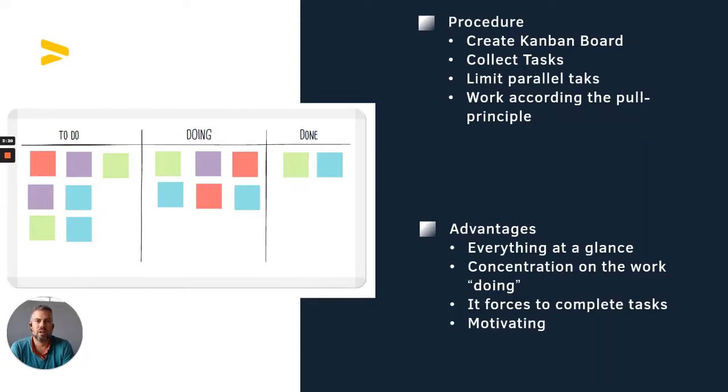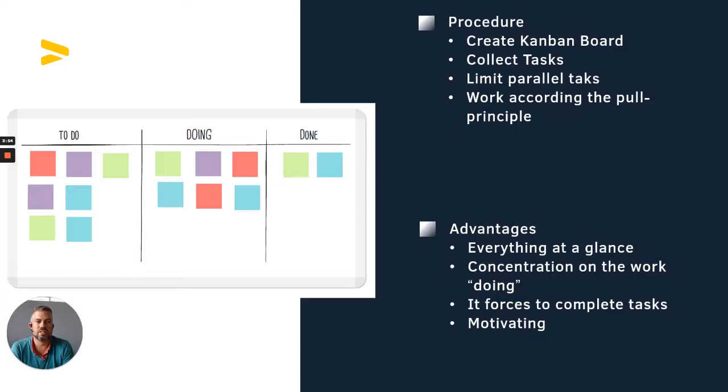In the doing column, I see all the current tasks that I'm working on. And when I have finished my task, I move it over to done. The nice thing with the done column is that I see what I have already done, so it also visualizes all the successes and achievements that we have. The important thing is that in the doing column, I do not have too many tasks open.